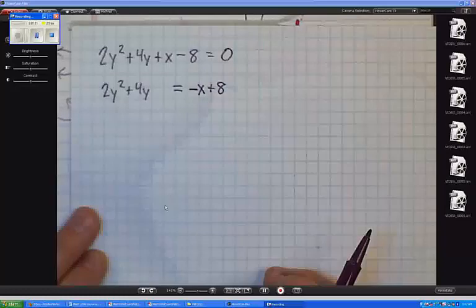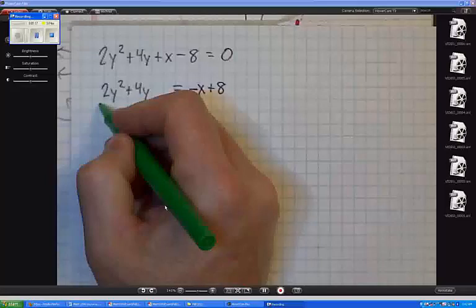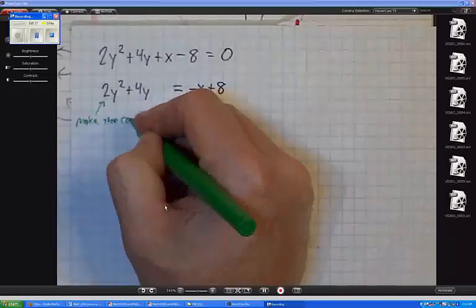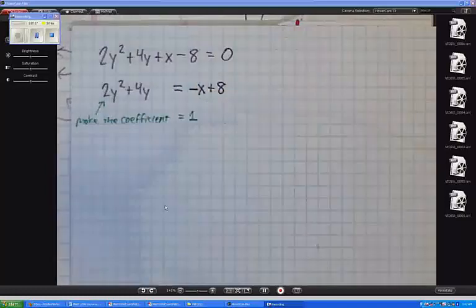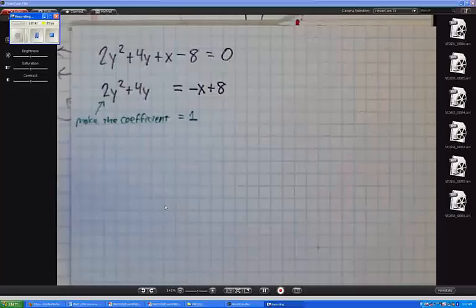Okay. Now, let me show you the next step that I think is kind of important here. We're in good shape if we make the coefficient equal to 1. So let's see, how would I do that? Sure, just divide. You can factor also, but I'm going to divide both sides by that number, and that'll do the same thing, right? If I divide, what do I get?